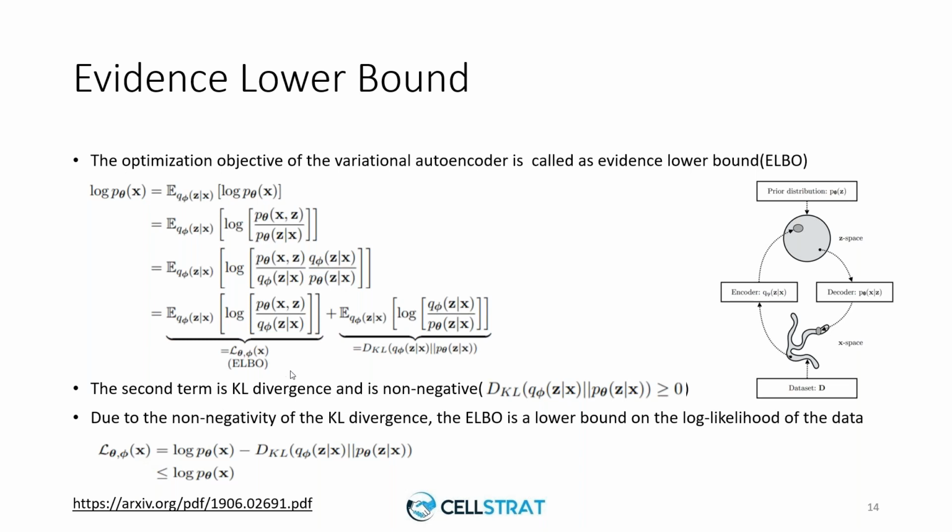So that would mean if ELBO has to go up, then p theta x z divided by q phi has to go up. What is the intuition that leads to? I'm trying to understand, if ELBO has to go up, what would that mean? Or does it just mean that it sets a lower boundary? Yeah, it sets a lower boundary, but now the lower boundary is being increased since we are maximizing.